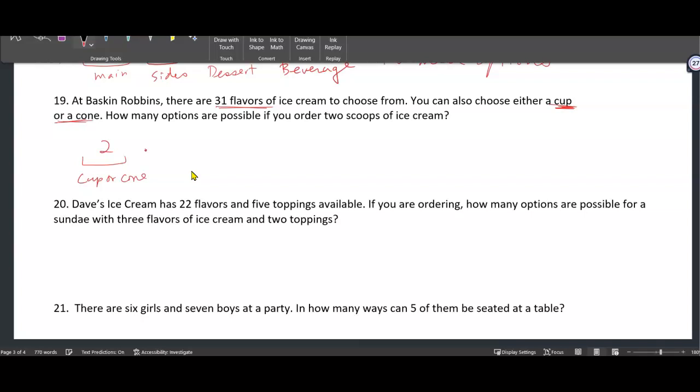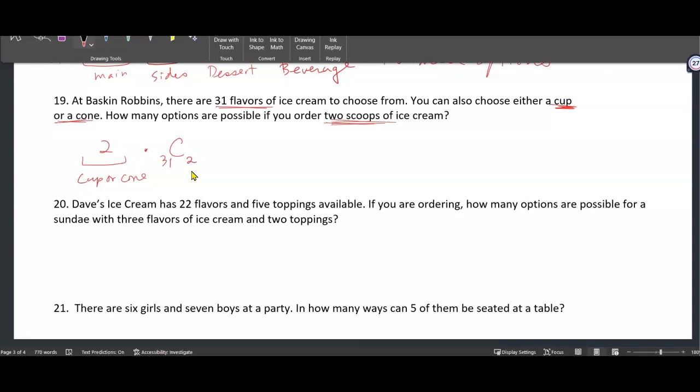But after that, your 2 scoops of ice cream, if you tell them that you want a peppermint and chocolate, the 2 scoops, which one they put on the top or on the bottom, I hope you won't yell at them, right? So the ordering doesn't matter. So you would do order doesn't matter, 31 choose 2 scoops, okay?